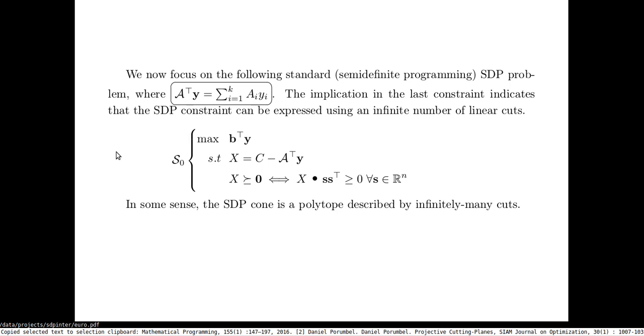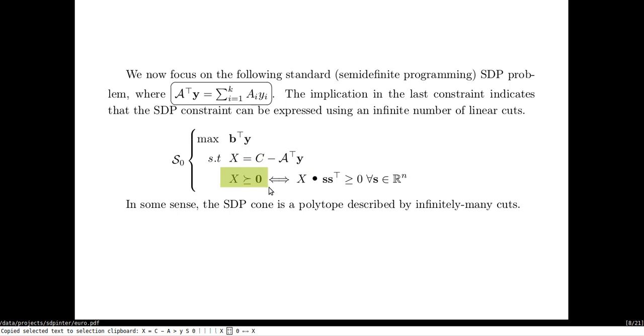Now I move to the SDP area. Okay, let's consider the SDP program written this way. We maximize over the y variables a linear objective function, and we have this matrix X, which has to be SDP.